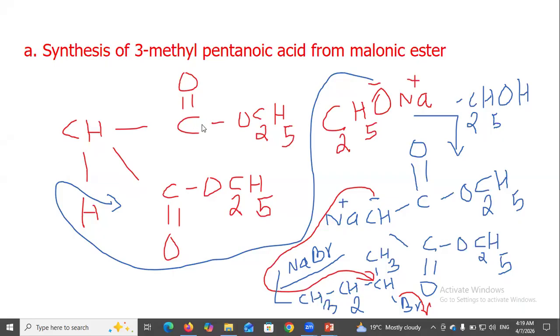First, malonic ester is treated with sodium ethoxide, and the product is treated with an alkyl halide. We have to prepare 3-methyl pentanoic acid.